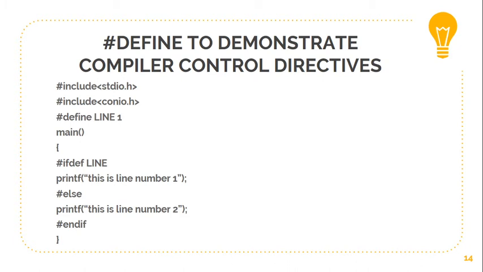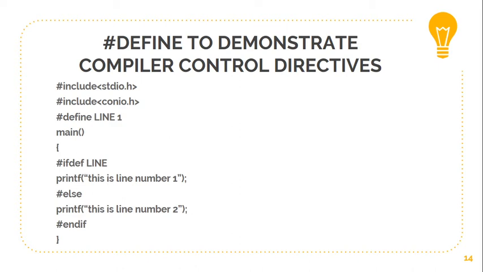This is a program which demonstrates an example of the compiler control directives. Here I have defined LINE, which is a constant value 1. In the main function: #ifdef LINE, print "This is line number 1", #else, print "This is line number 2", and #endif.